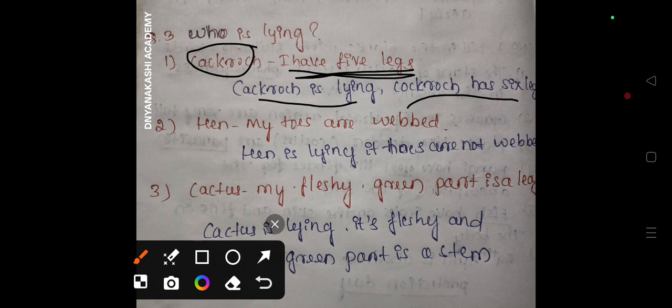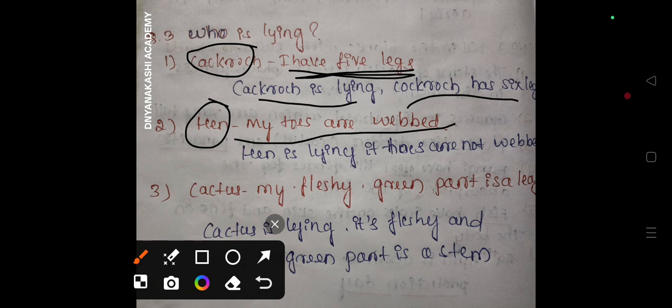And then the next one is hen. My toes are webbed. Hen is a layer. Is it webbed or not? Aquatic birds like a duck have webbed toes, but a hen does not have webbed toes because it does not sit on the water. Hens do not sit on the water.